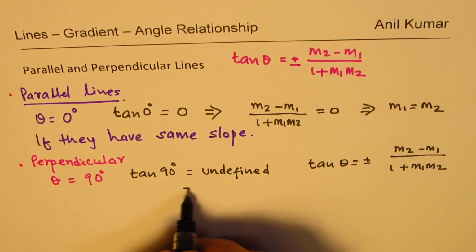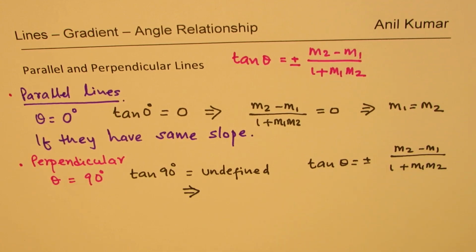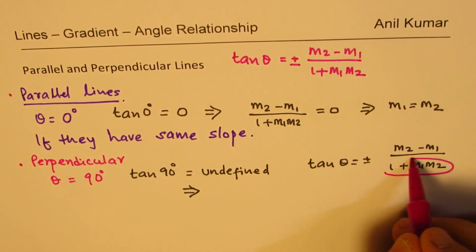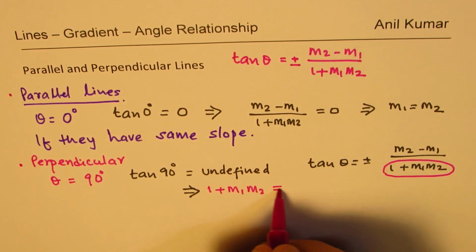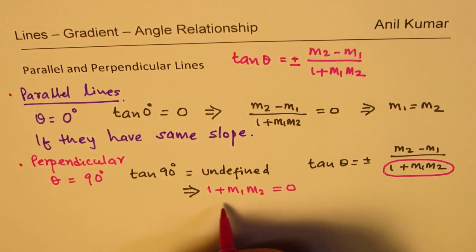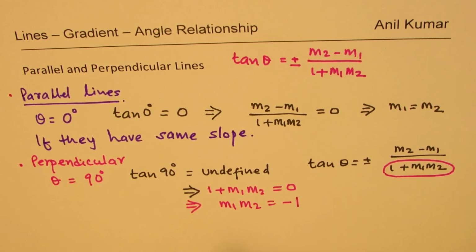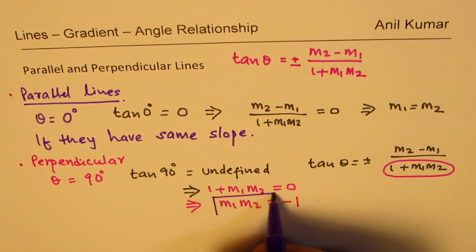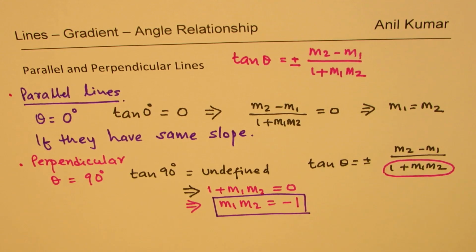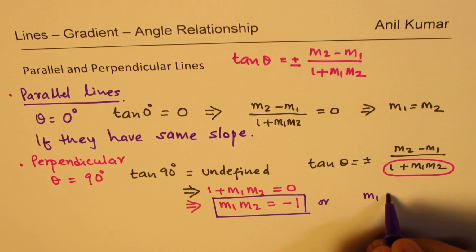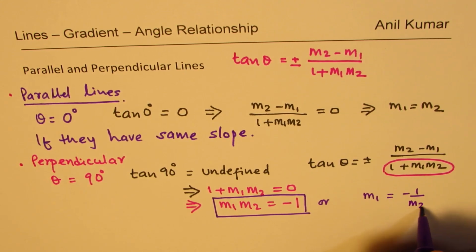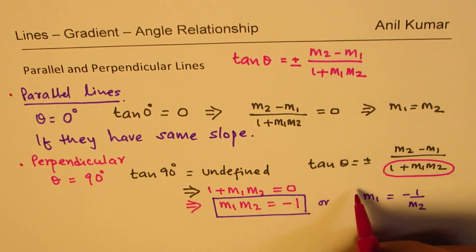So undefined means the denominator should be 0. That means 1 plus m1 m2 should be equal to 0. This implies that the product m1 times m2 is minus 1. So that is the condition, correct? The condition here is that the product of the slopes of the two lines should be minus 1. Or you could write m1 equals negative 1 over m2, or they are negative reciprocals. Is that clear?